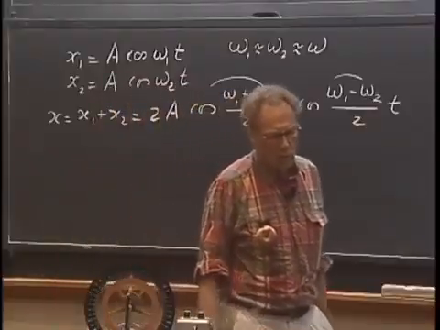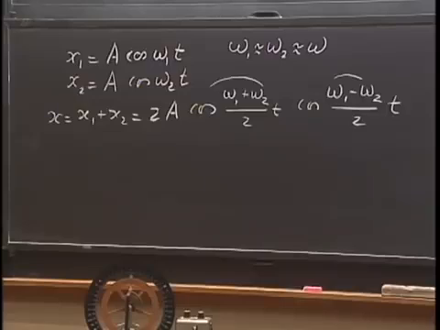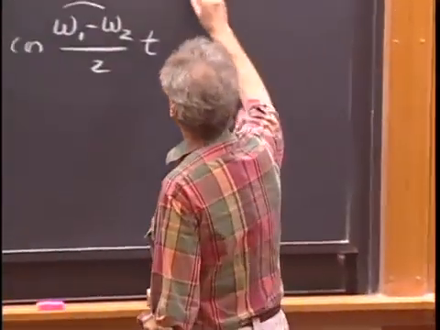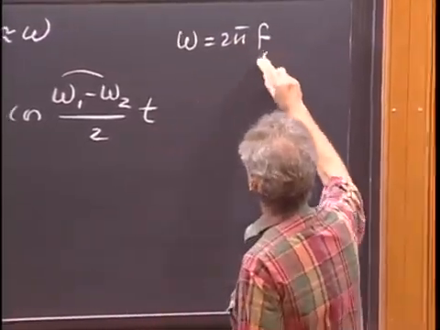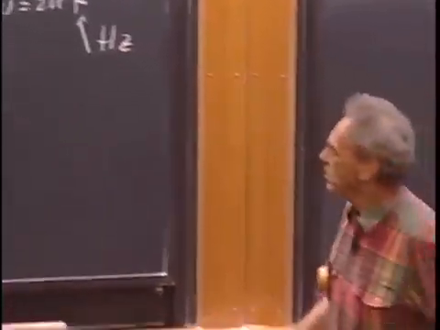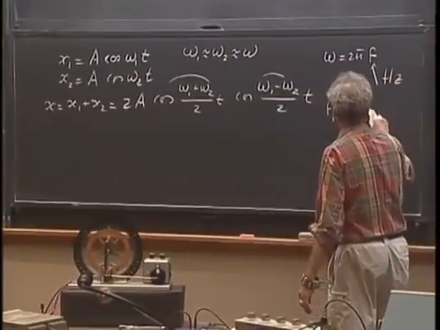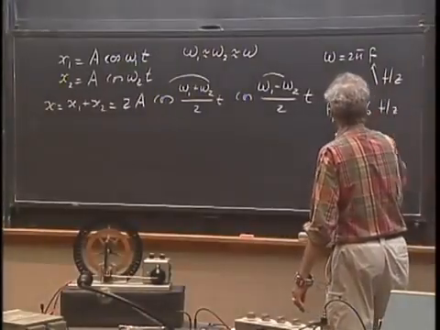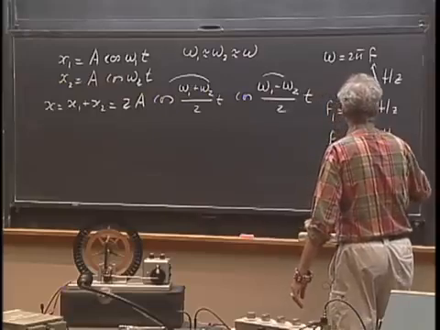And so if you change from the notation of omega in your head to frequency in hertz, which is a lot easier to think of, omega is 2 pi times the frequency f. This is in hertz, and this is in radians per second. Suppose you have an f1, which is 256 hertz, and you have an f2, which is 254 hertz.